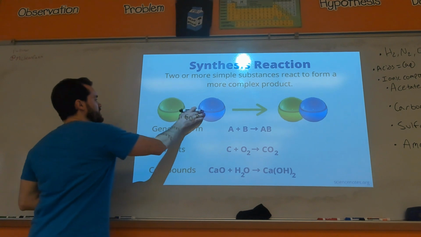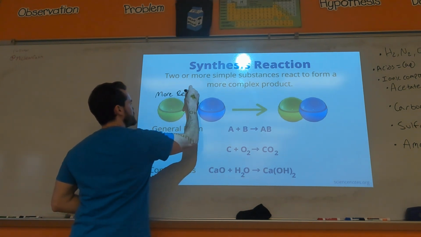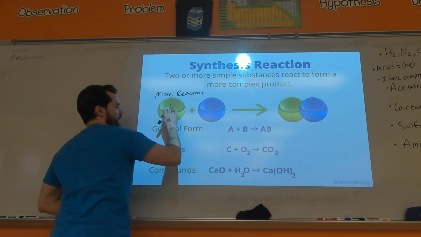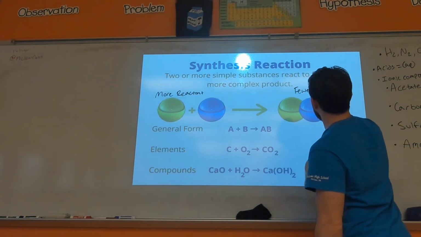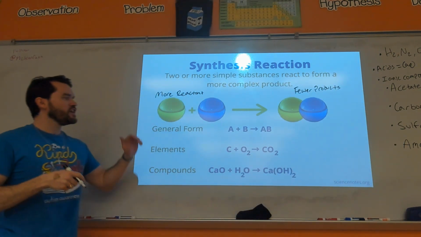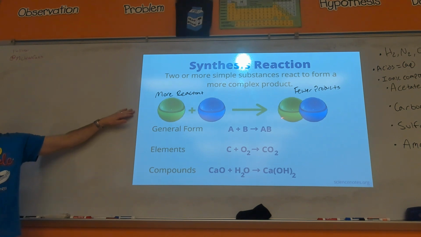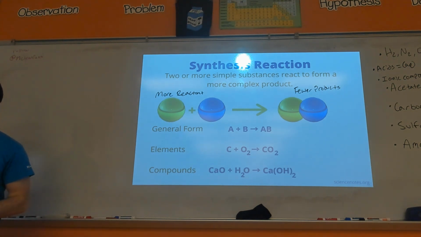So another way to think of this is you have more reactants, and then you make fewer products. So in this case, you had 2 reactants, and you end up making 1 product. That would be called a synthesis reaction.